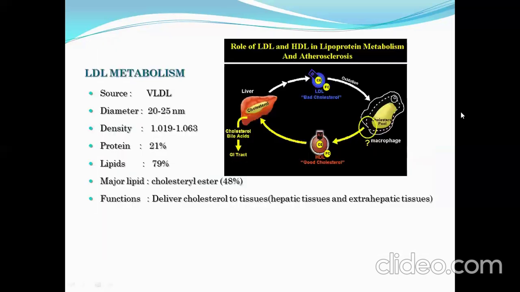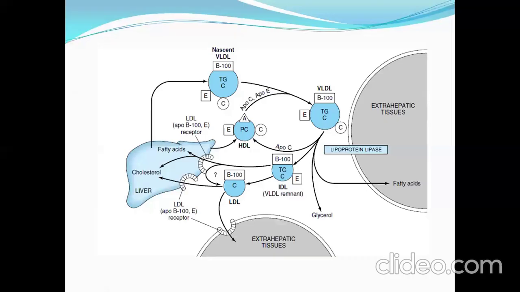Coming to the LDL metabolism. If I talk about the LDL, the source is VLDL. As in the previous metabolism, the endogenous pathway, we already discussed how LDL is going to be synthesized.